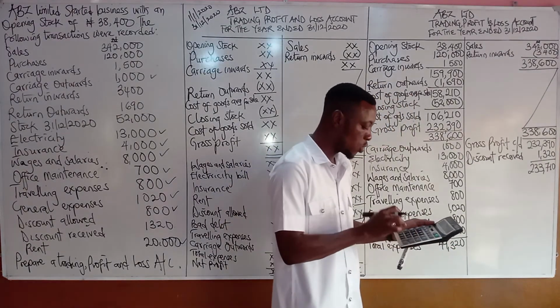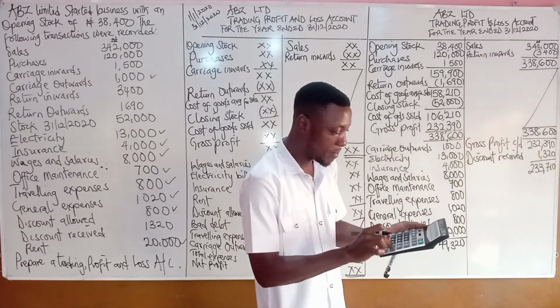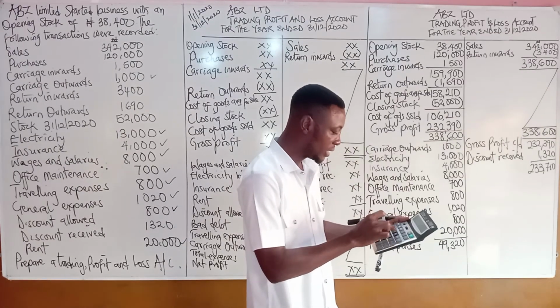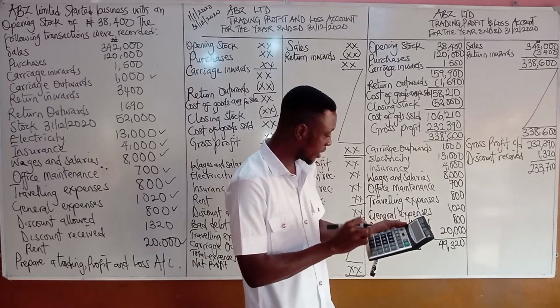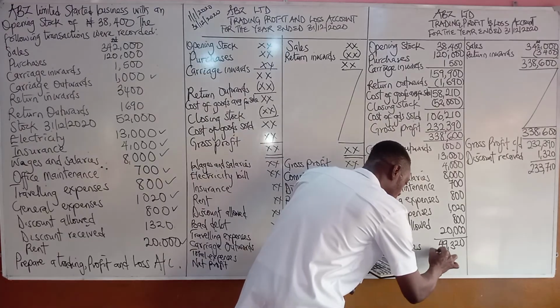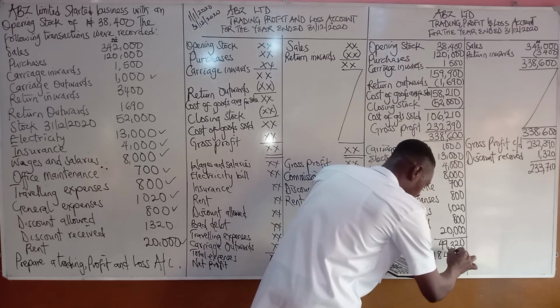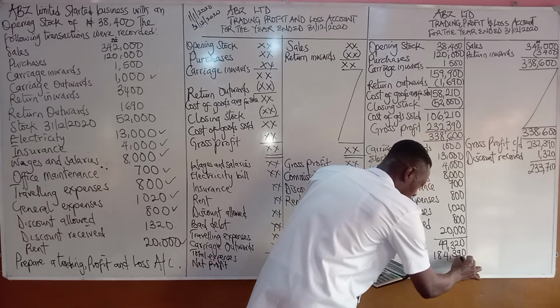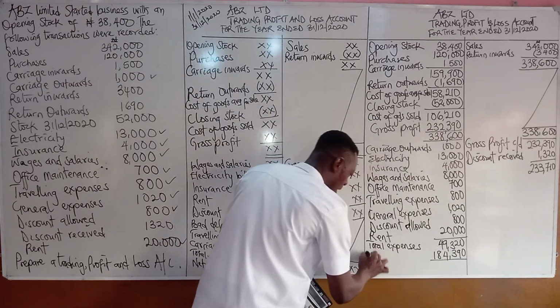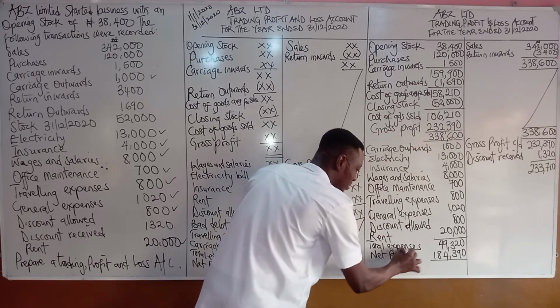So I'll have 233,710 minus 49,320. If we do that subtraction, I have 184,390.